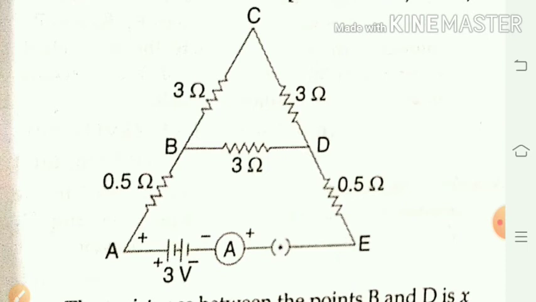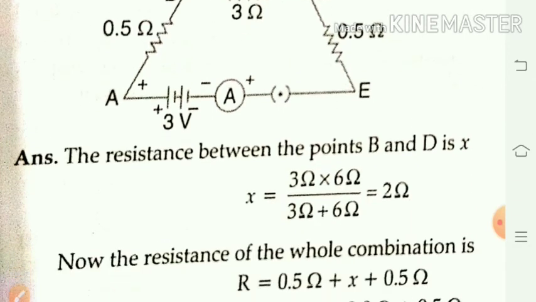At CE they are also in series and the voltage is 3 volt, but in between these points B and D there is a 3 ohm resistor in parallel to the voltmeter. So how to solve this? We will see the steps.